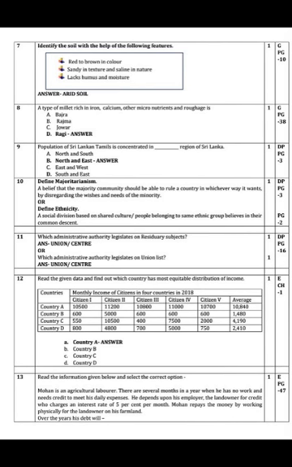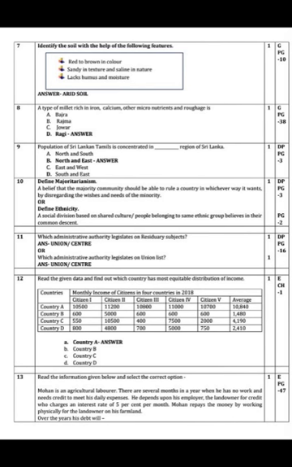Now the population of Sri Lankan Tamils is concentrated in dash region of Sri Lanka. Here they are talking about the Sri Lankan Tamils. The options are: north and south, north and east, east and west, south and east. So if you remember what we have studied in the chapter, students, Sri Lankan Tamils are concentrated in north and east of the country. So here the answer is B option, north and east.